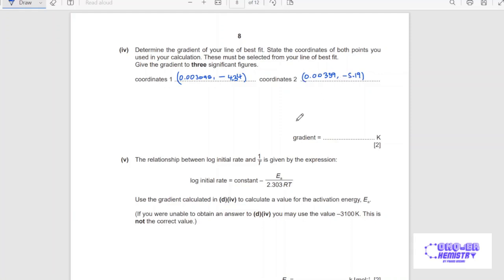So we have this pair of coordinates, and we're going to use this to calculate the gradient. The gradient is always delta y divided by delta x, which is basically y1 minus y2 divided by x1 minus x2. So y1 over here is minus 4.34 minus, and then y2 is minus 5.19.